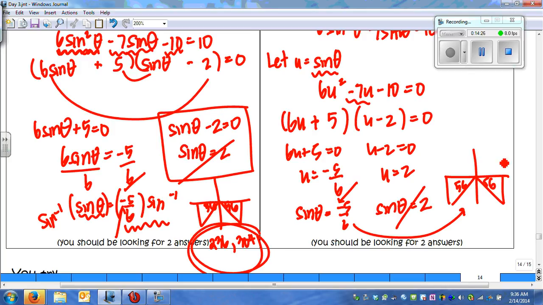If 56 is the reference angle here, then 180 plus 56, or again 236, and 360 minus 56, or 304, are again our two solutions. Pause the video and try the example below.